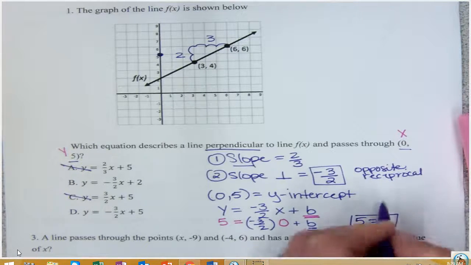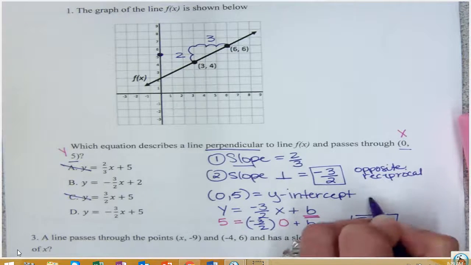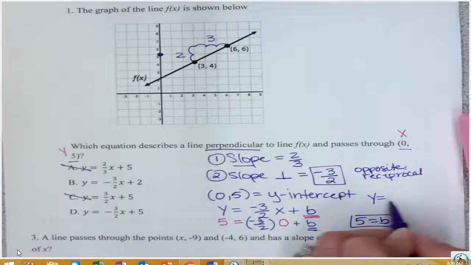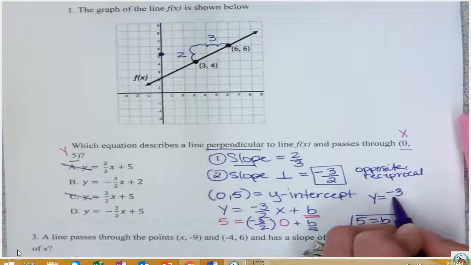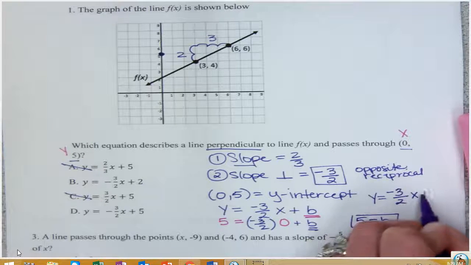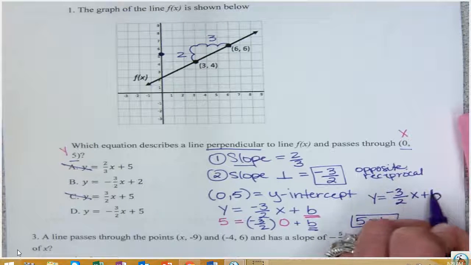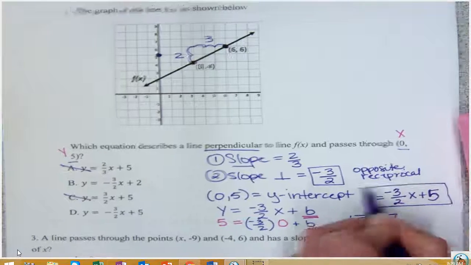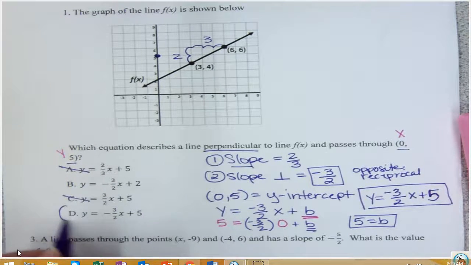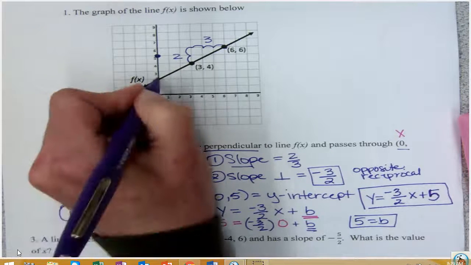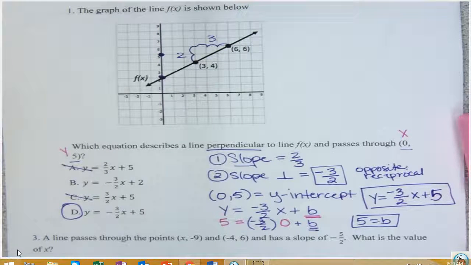Then when I plug it into my equation, I get y equals negative 3/2 x plus 5. And that is D. Don't use the same y-intercept as the one they gave you. It's not ever going to be the same. If you're using the same y-intercept as one they're giving you, it's going to be automatically wrong.